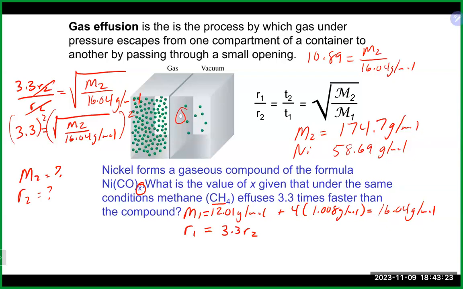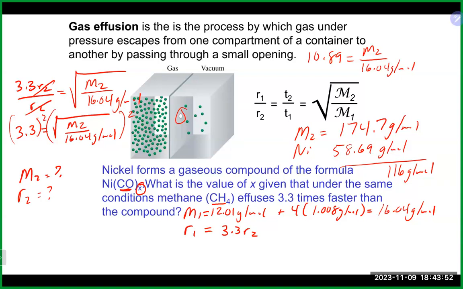If we subtract 58.69 from our molar mass that we got there, that's going to leave us roughly about 116 grams per mole. That's going to be made up basically of carbon and oxygen units, right? Carbon is 12.01 and oxygen is 16, so each of those CO units is about 28 grams per mole.